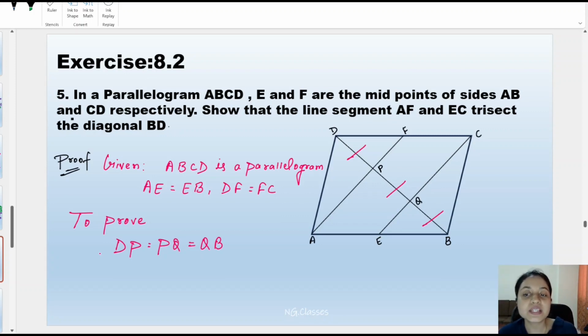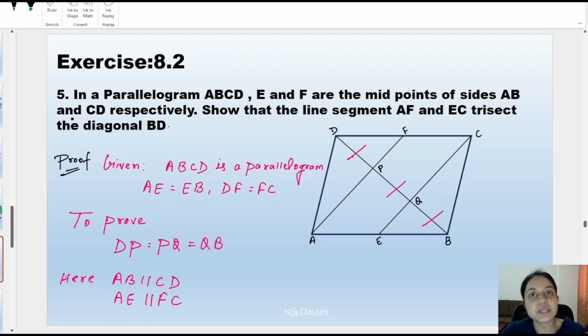Since ABCD is a parallelogram, AB must be parallel to CD. And we can say that AE must be parallel to FC, because parts of parallel lines must be parallel with each other.